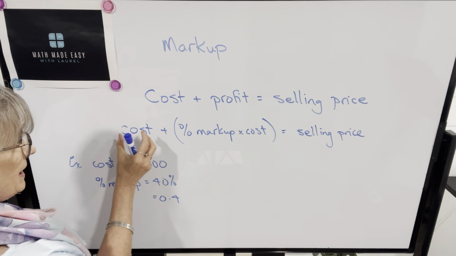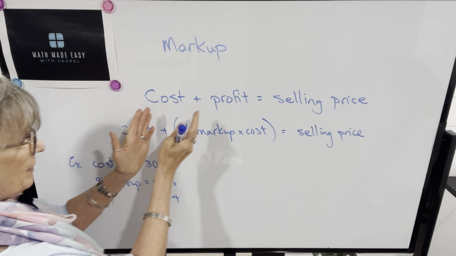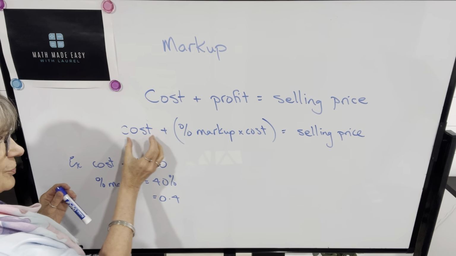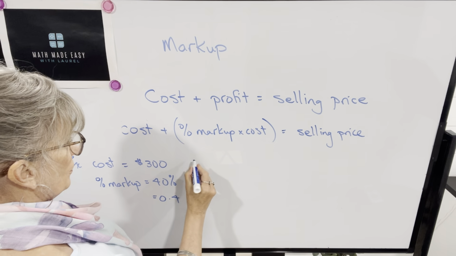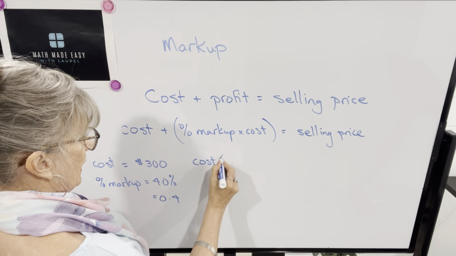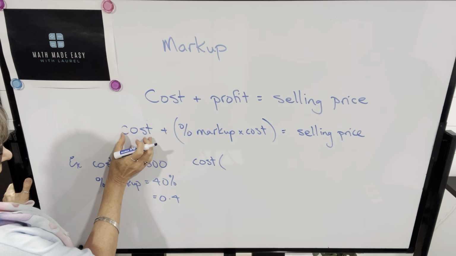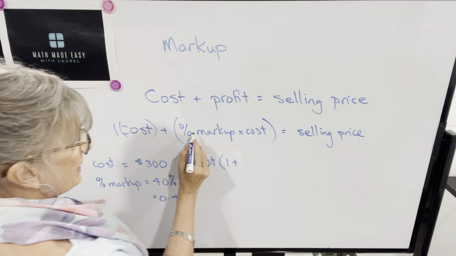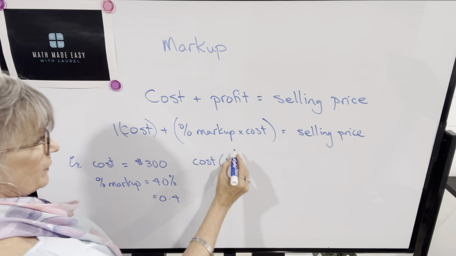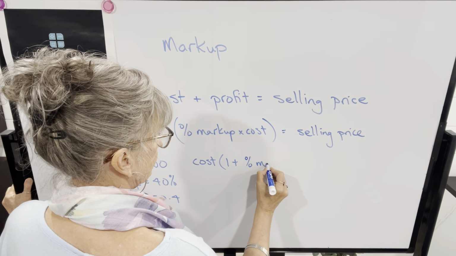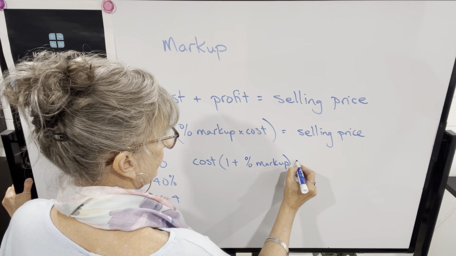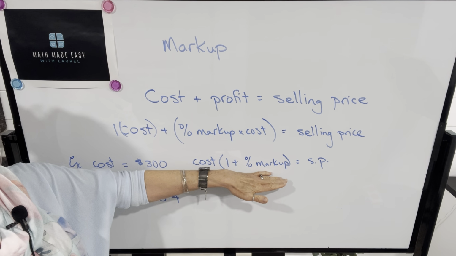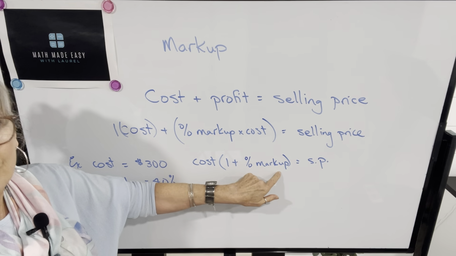What I can do when I'm taking the cost, or 100% of the cost, and I'm adding a percent markup, which is based on the cost, I can factor out cost out of those two terms, and I'm left with, when I factor it out of this term, it's like 1 times cost, so I'm left with 1 plus, when I factor it out of here, I'm left with my percent markup. And in order to use this formula, I need to express that percent as a decimal.